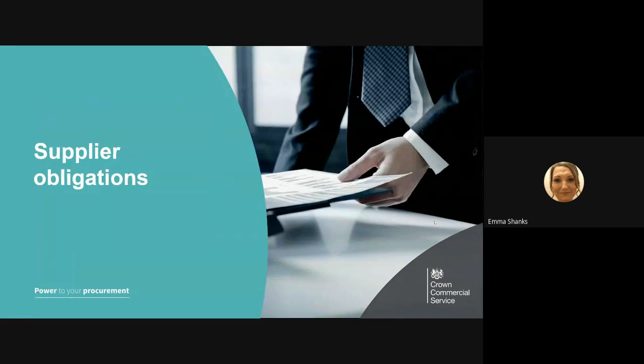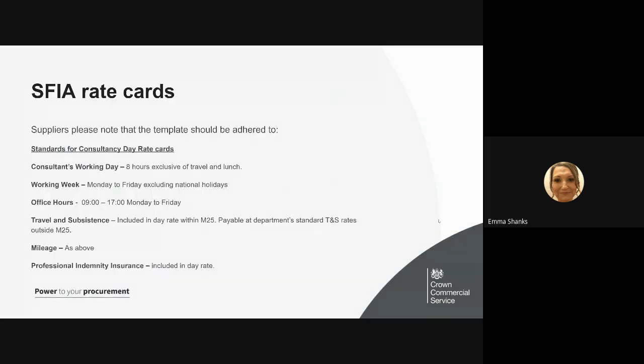So getting near the end now, this is just a few slides on supplier obligations and some of the questions we get from them. So supplier rate cards: when a supplier applies to be on the framework, they are given a template for the day rates. Now, we don't dictate what they've got to put in as rates. That's solely up to them.